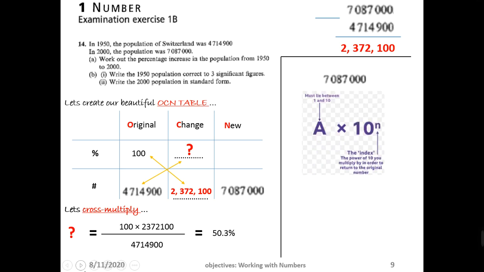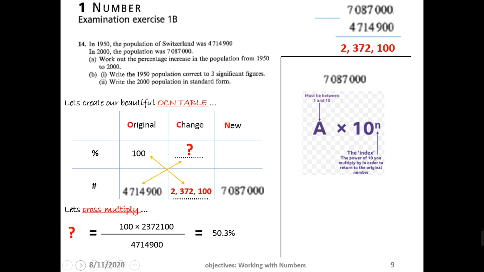A is a number that is greater than 1 yet less than 10. N is the index, the power that when you multiply it by A, you must get back to the original number, which is the 7,087,000.